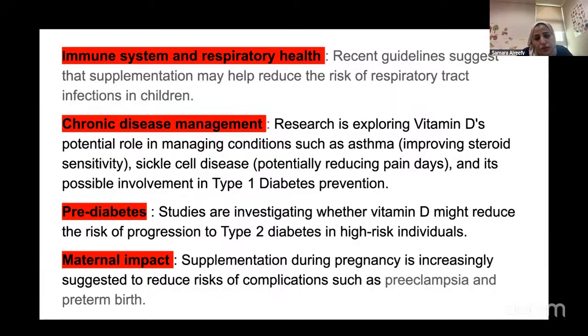How is it involved in type 1 diabetes? Studies suggest that vitamin D might reduce the risk of progression to type 2 diabetes in high-risk individuals. And supplementation during pregnancy is increasingly suggested to reduce the risk of complications such as preeclampsia and preterm birth.